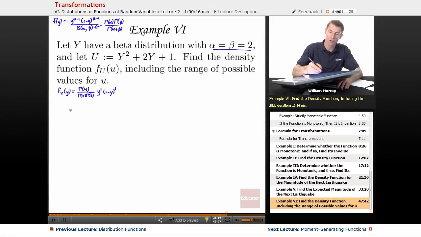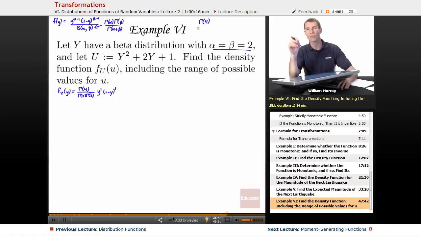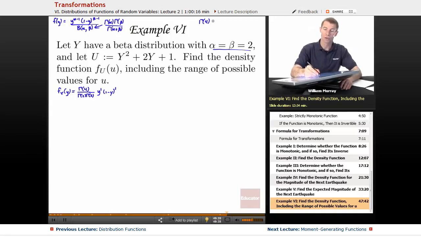Now, what is gamma of 4? Remember there's this relationship between the gamma function and factorials, at least for whole numbers. So gamma of n is equal to n minus 1 factorial. So gamma of 4 is 3 factorial, which is 6. Gamma of 2 is 1 factorial, which is just 1.